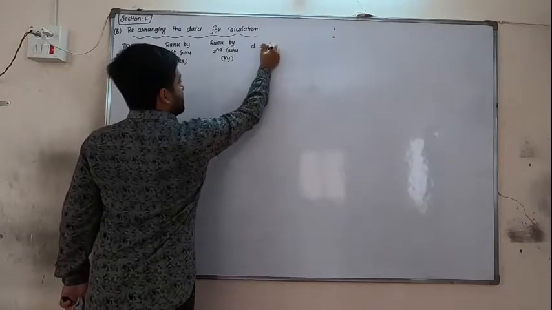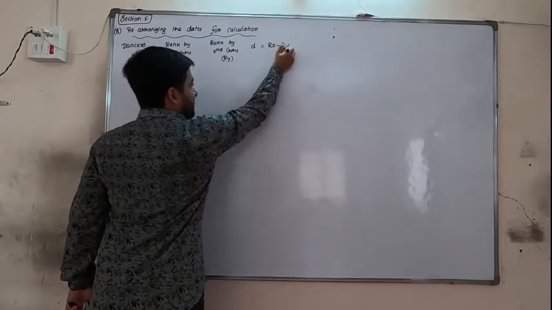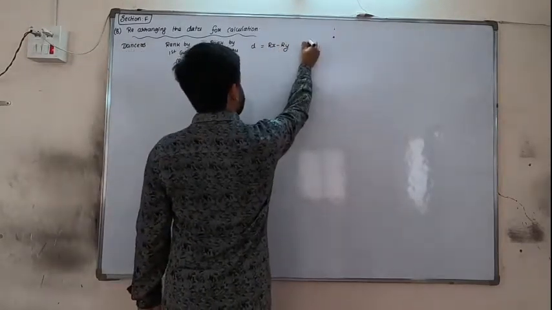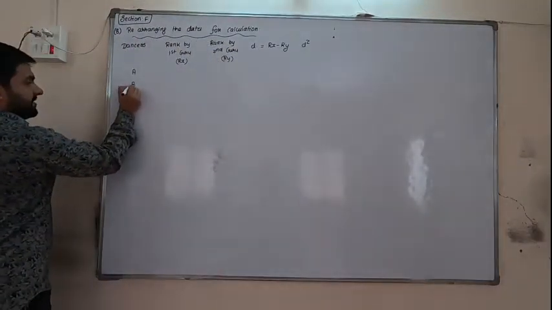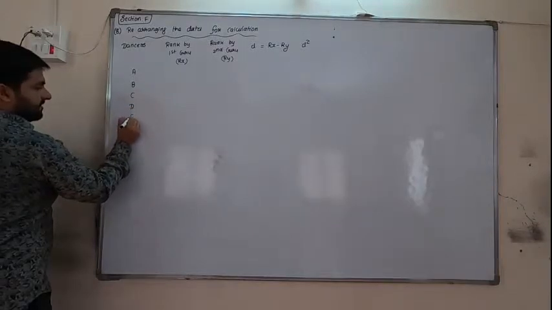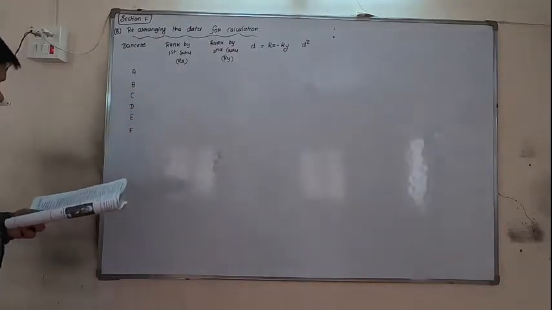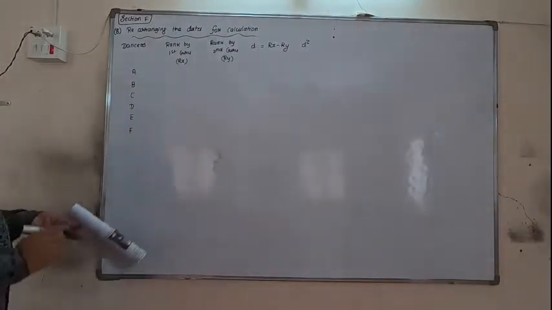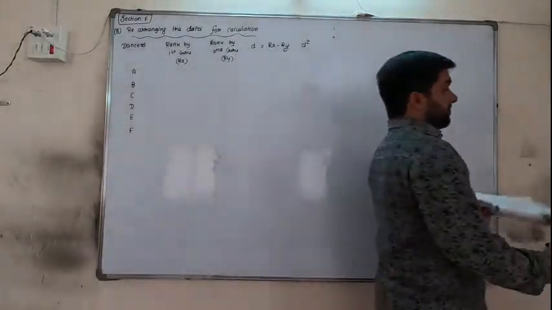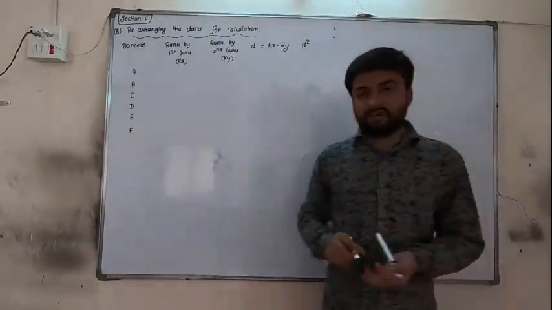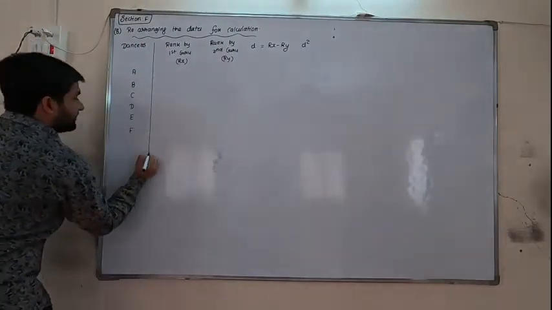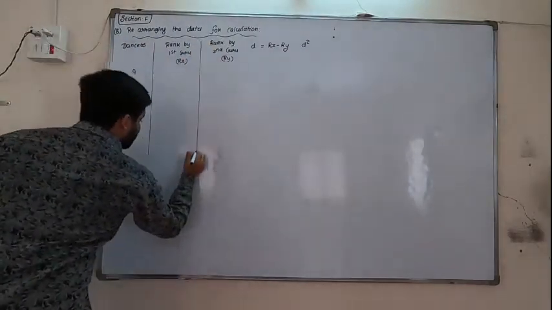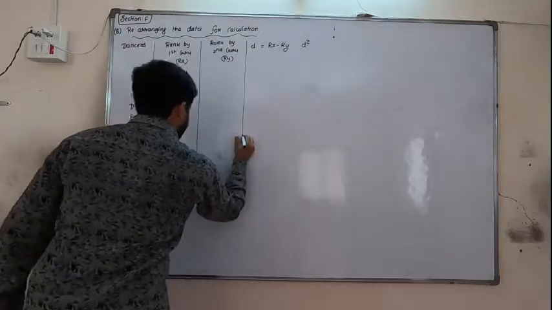We need D is equal to RX minus RY, and then D square. A, B, C, D, E, F. Yes, 6 dancers. Now A, B, C, D is required only once, and we have to rearrange the ranks only. How we will do it is very easy. If you look one time, then you will understand.